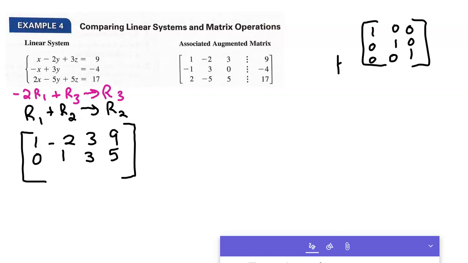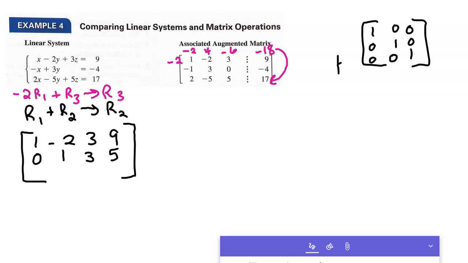So I'm going to multiply this top row by -2. So you'd have -2, +4, -6, and -18. And now we're going to add these two together to come up with our third row.